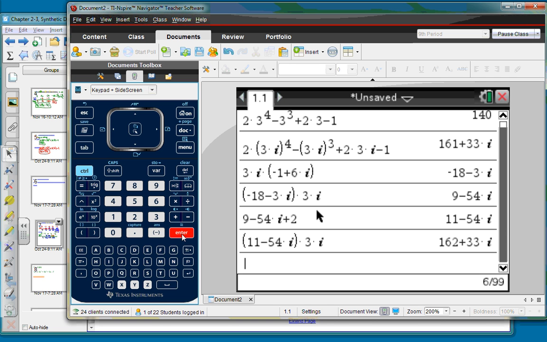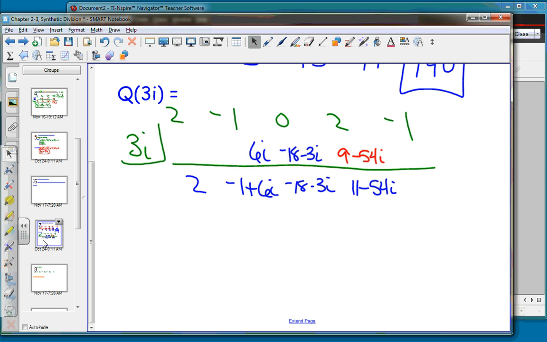What do you get? 161 plus 33i, because that's what it was supposed to be.